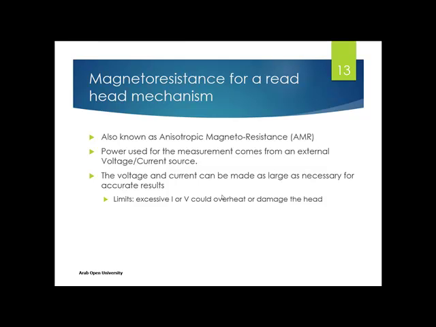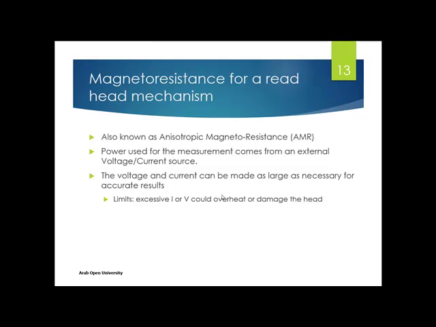So the question is, since it is an easy-to-apply principle, why did we not use this? The issue is that, in order to measure this variation of resistance, we need to apply a high voltage in order to be capable of differentiating the small change of the current.